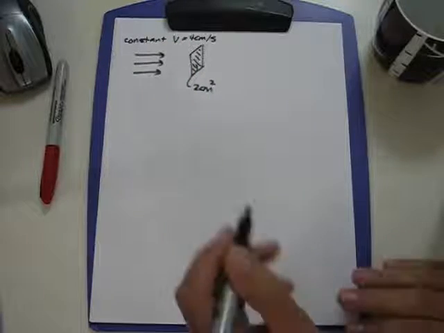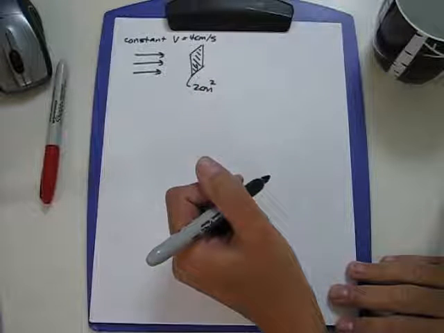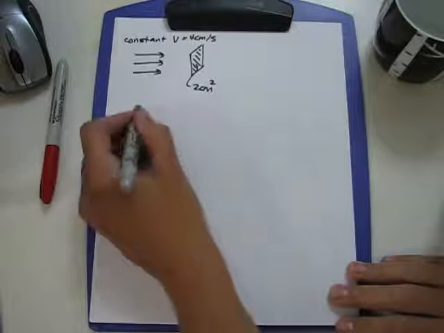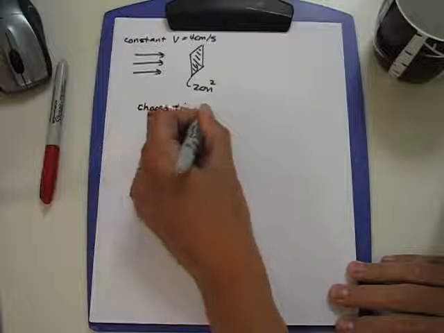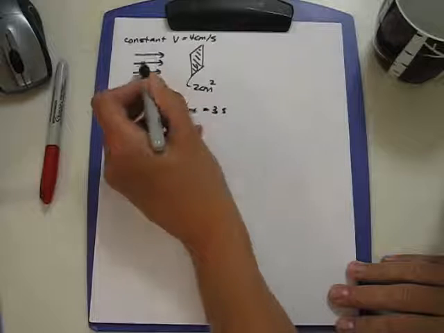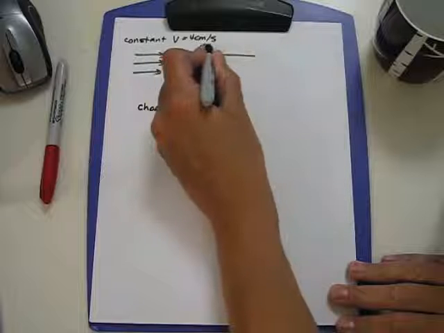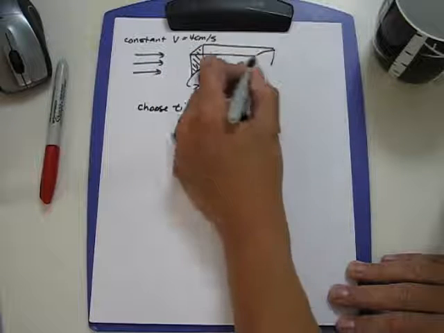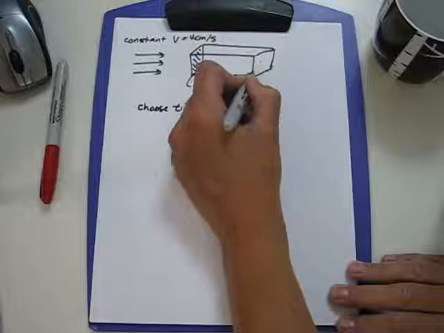We can figure that out by thinking about how much fluid would pass through the area in a time, let's say 3 seconds. So in 3 seconds, there's fluid passing here at 4 centimeters per second. In 3 seconds, a volume of fluid would have passed through that is the equivalent of this rectangular parallelepiped.